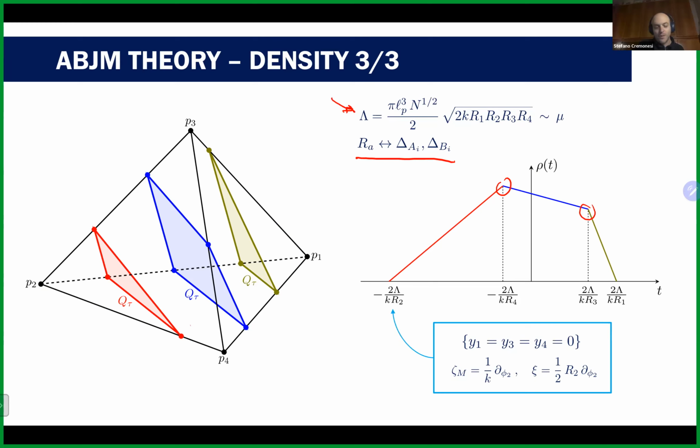Whereas for Q111, I should have... No, you're right. These are also fixed points, but they're fixed points on K6 rather than on Y7. But you can indeed also have fixed points on Y7, and these essentially correspond to the insertion of D6 branes.